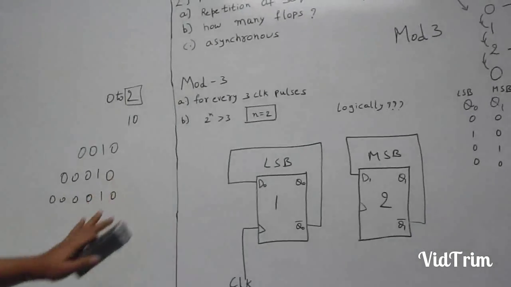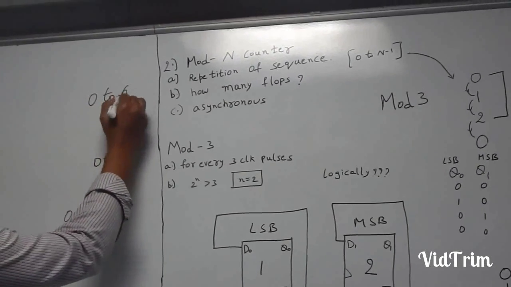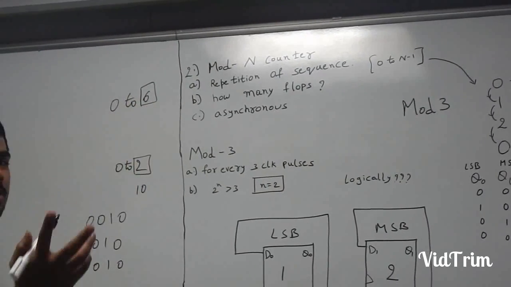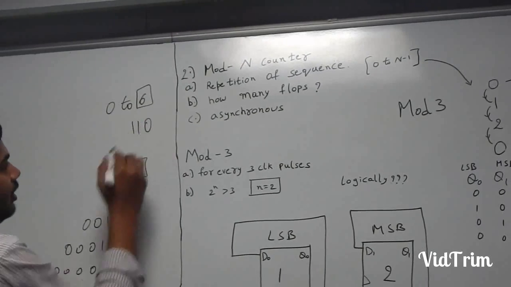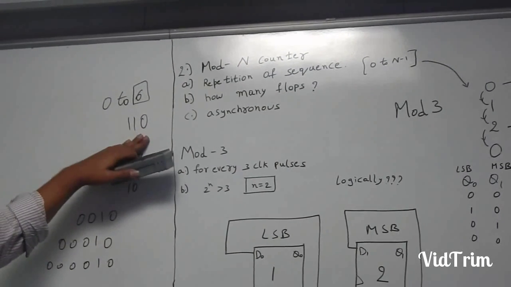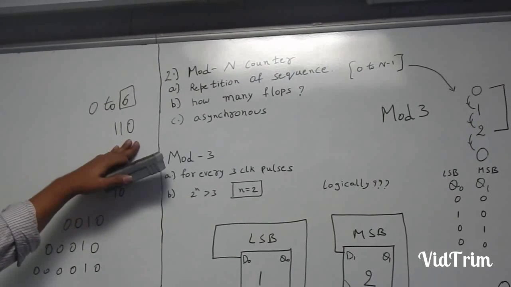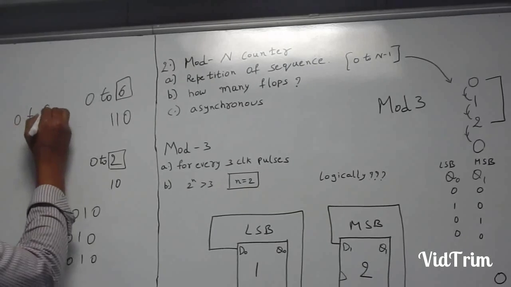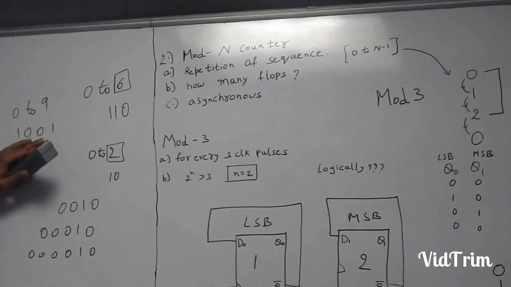Similarly, for a mod 7 counter, it counts from 0 to 6, that is 0 to n minus 1. To represent 6, how many minimum bits are required? Obviously 3 bits are enough, so 3 flops are required. Similarly, mod 10 counts from 0 to 9, and 4 bits are required.